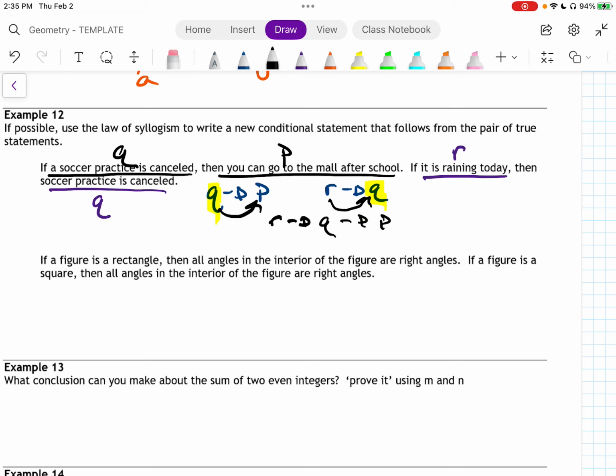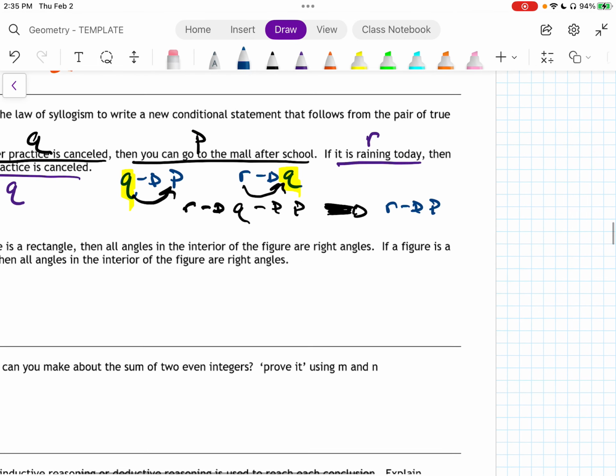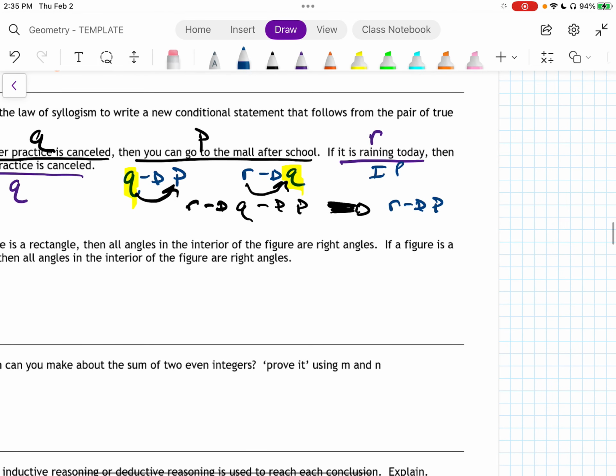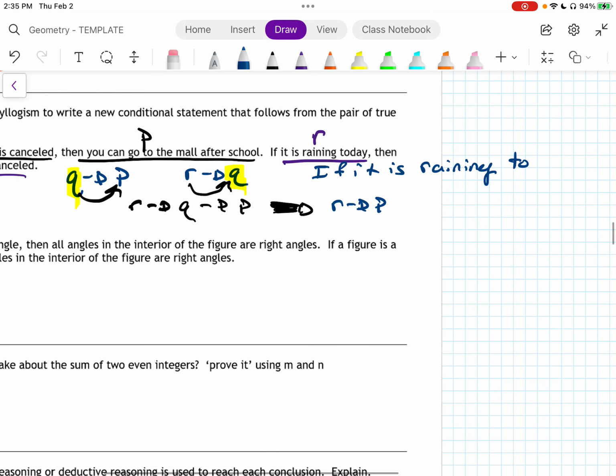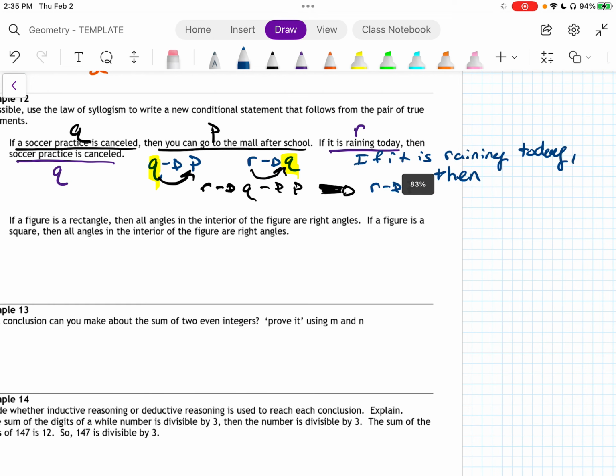Kind of like that. And then we don't normally write it like that. We end up saying R implies P. Now I want to actually write this out. So I'm going to say if it is raining today, then what's P?